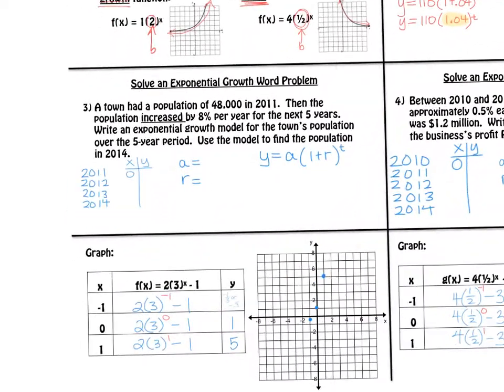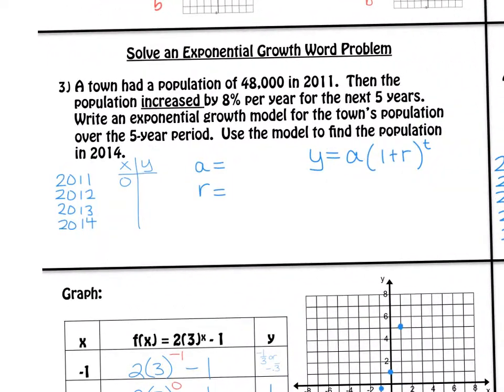All right, moving on. Okay, so solving a word problem with growth. So I know this is growth because it says increased. Okay, it says 8%. So that means my rate is 0.08. Okay, and then it says that it started at 48,000 in 2011.